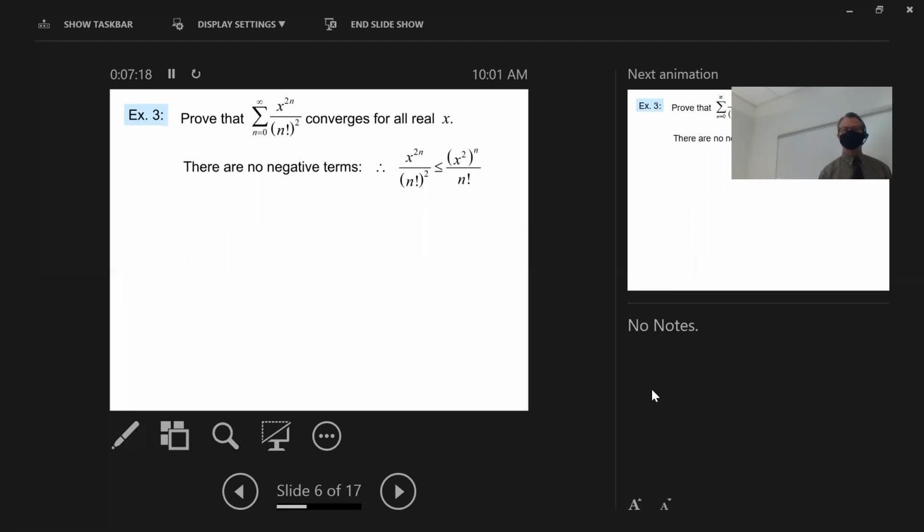The denominator, they're saying this denominator is larger than just n factorial. So therefore, this thing has to be less than or equal to the way they wrote it. Well, why did they get rid of the exponent? Because it's direct comparison. You're going to compare it to something you know.